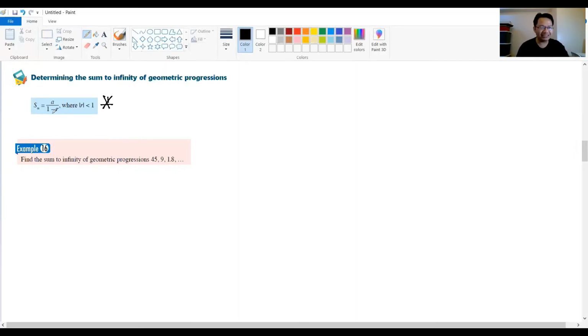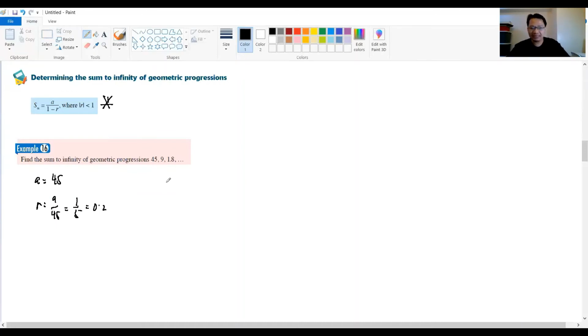Example 16. Find the sum to infinity of the GP for this sequence: 45, 9, 1.8, and so on. First, identify your A, which is 45. Your R is 9 over 45, which is 1 over 5, or 0.2.